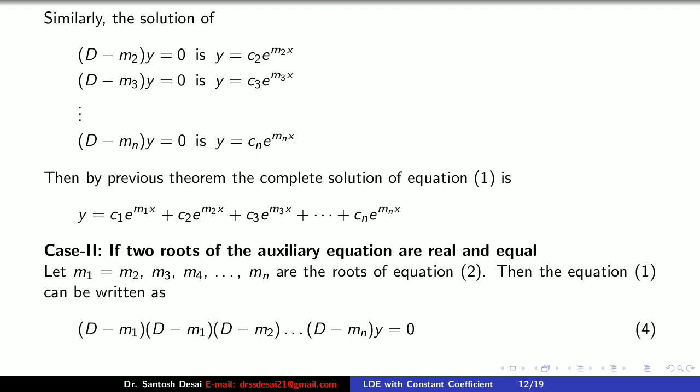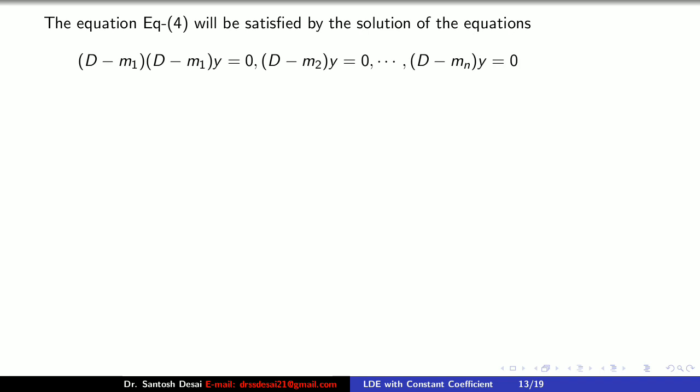Now again here the solution of this equation is nothing but the solutions of (D minus m1)(D minus m1)y equal to 0, (D minus m3)y equal to 0 and so on (D minus mn)y equal to 0. Now from the previous cases, we know the solutions of (D minus m3)y equal to 0 and so on.